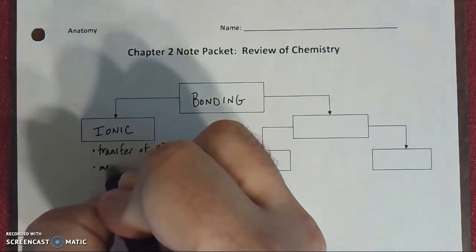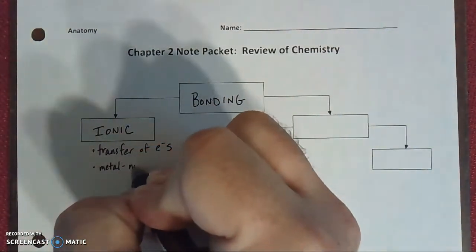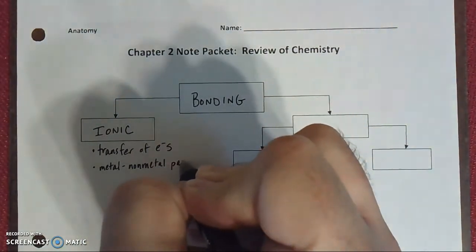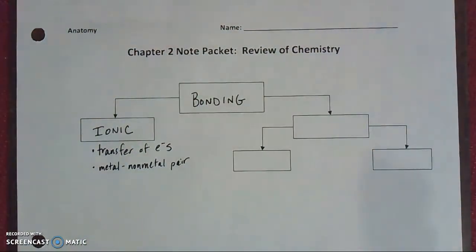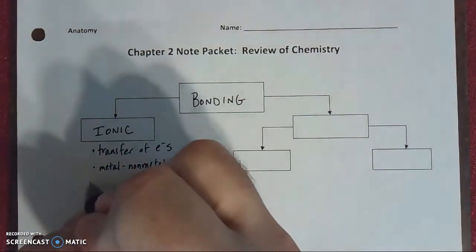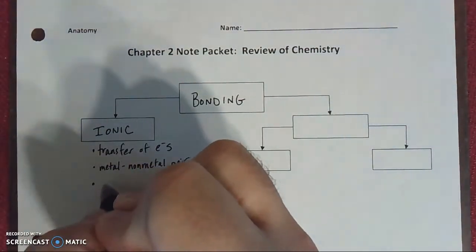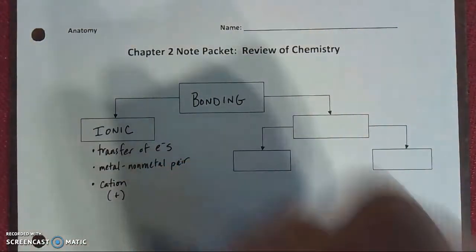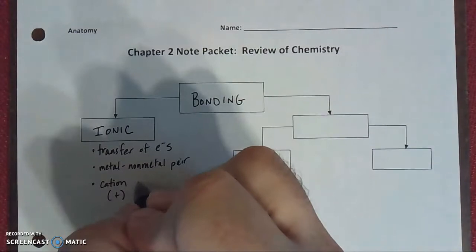Usually, these are between a metal and a non-metal pair. So the metal loses an electron and the non-metal gains what is lost. And we have different ratios of those elements. The metal, if it loses an electron, we call it a cation, and since it loses a negative charge, it becomes positive.